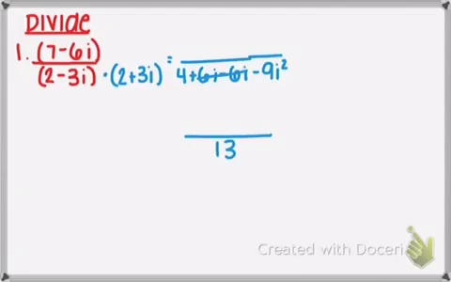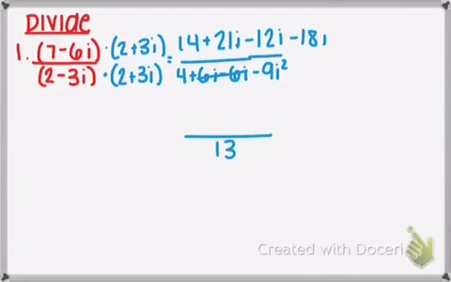And then you do the same on the top, you take the conjugate and you FOIL it out. 7 times 2, giving you 14, and then 7 times 3i, giving you 21i. Negative 6i times 2 gives you negative 12i, and then negative 6i times 3i, giving you negative 18i squared.